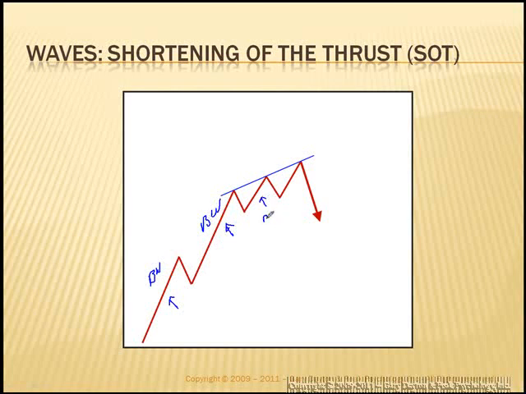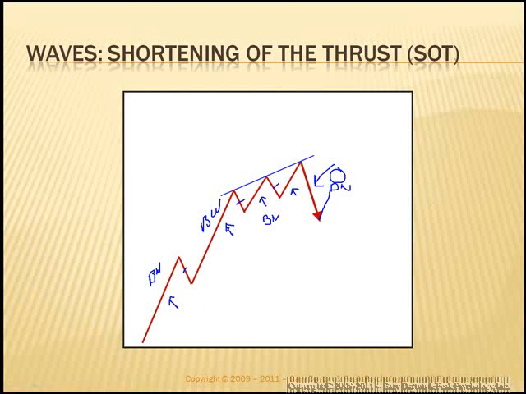Buy wave shortens. We're seeing shortening of the thrust. Then what we want to see is the down wave lengthen, get bigger than anything that we've seen before, and then look for the first pullback and short that thing.